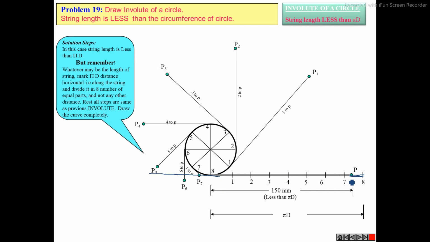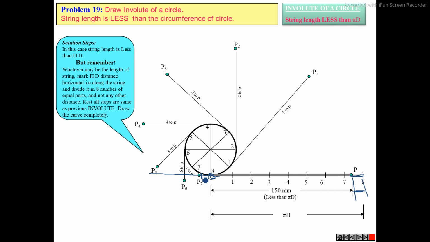Then you measure this length 8P in your compass. Place your compass at point 8 and, on this tangent line which you have extended in the left direction, cut an arc of length equal to 8P. So that point is somewhere over here.